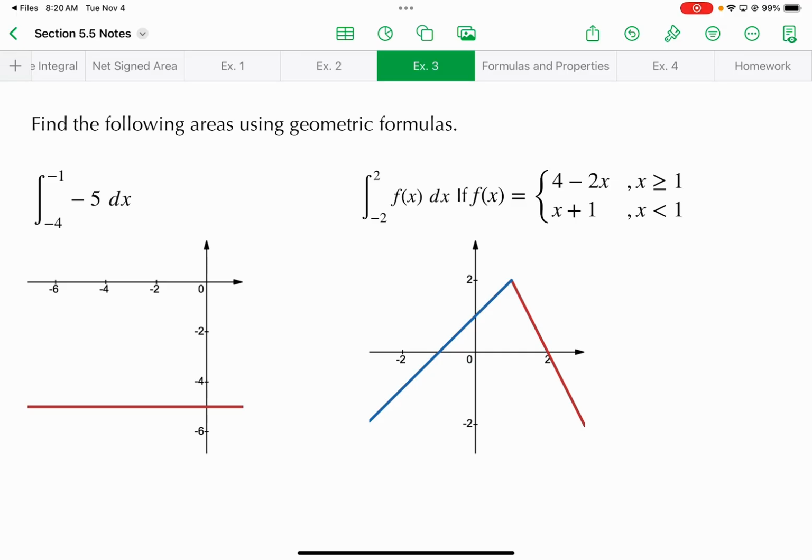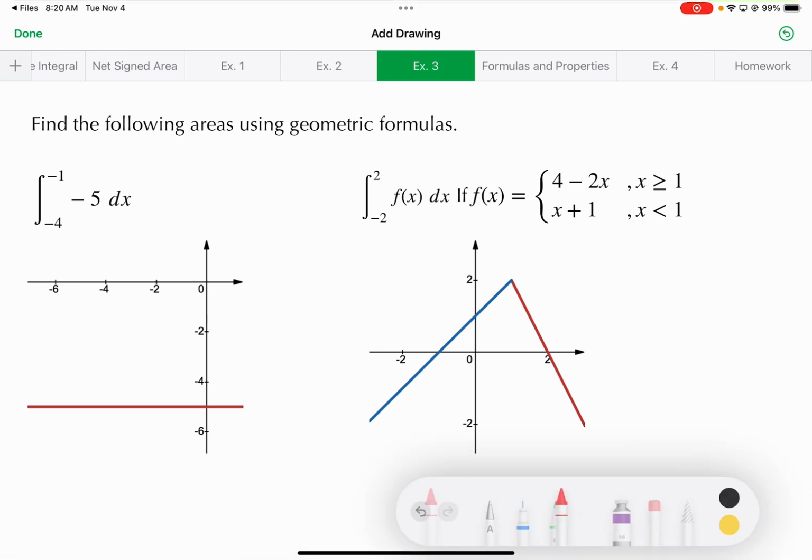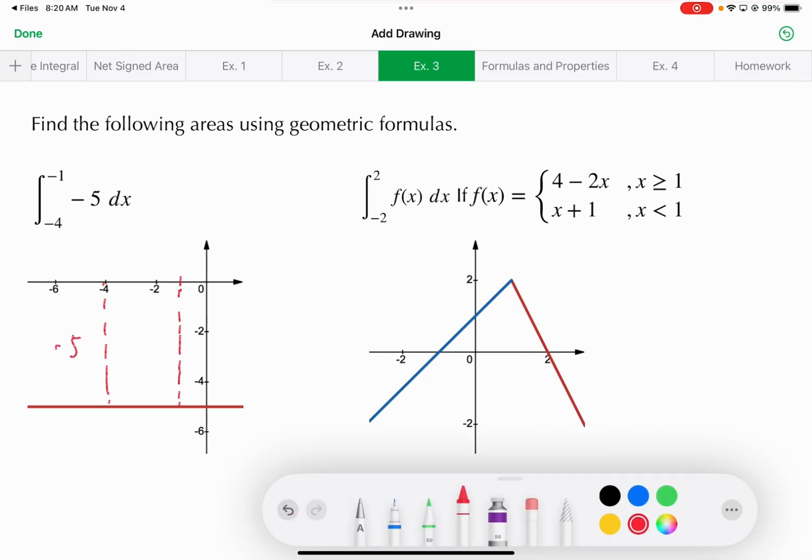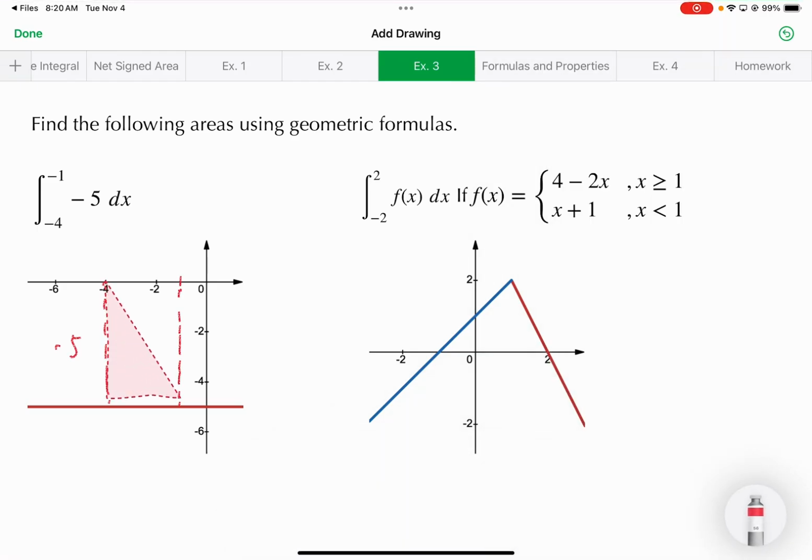I lied. We're going to do two more. Oh, this first one, I don't feel as if that's necessary. So integral from -4 to -1. So that would just be here to -1 would be there. We just end up with a rectangle. So we can have a total net area that's going to end up being negative.